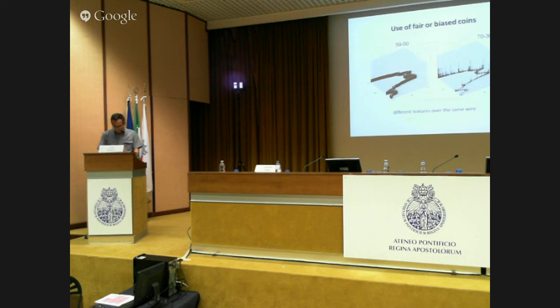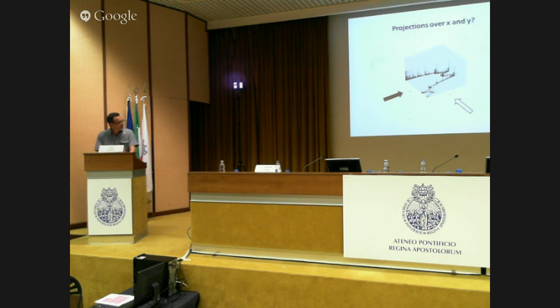But a biased coin, say one that goes heads and tails according to a 70-30 proportion, induces a thorny texture that reflects the bias towards the left side. Realizing that the iterations generate not only a wire, but also a texture, it becomes relevant to ask how such a texture looks when projected into the x and y axis. Let's see it first over x.